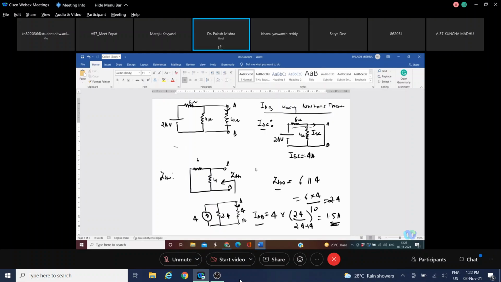Now you please apply KVL and KCL here and find out the value of IAB and let me know the answer whether it is coming same or not. Please apply KVL and the KCL in this circuit and just check whether IAB is directly coming out to be 1.5 amperes or not.